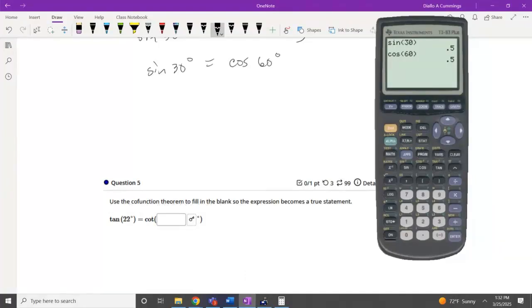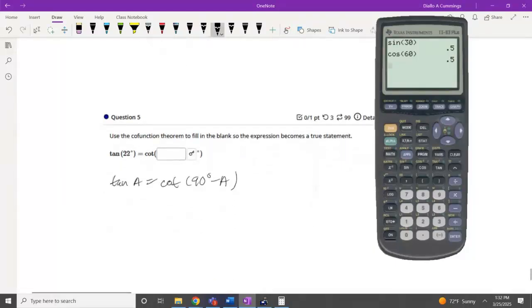This is the formula, and this is our problem.